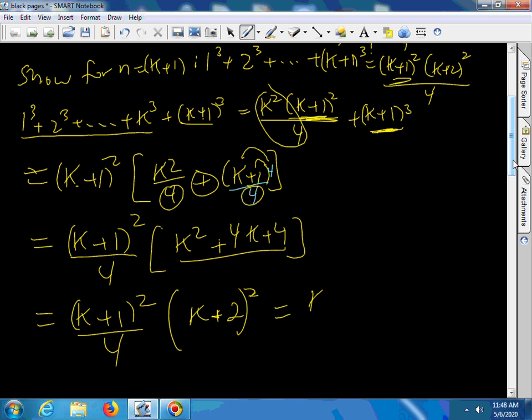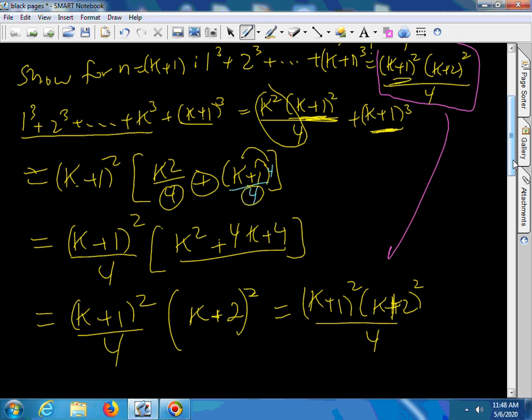So I have k plus 1 squared times k plus 2 squared over 4. And if you look, that's exactly what I wanted to get. These match. Proof done. This is how you do induction proofs.